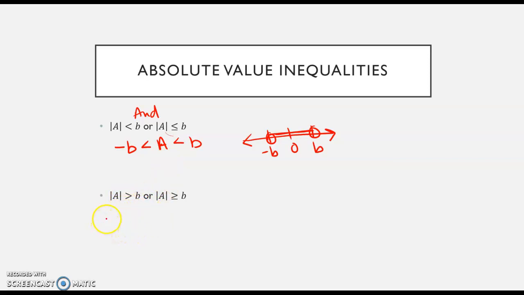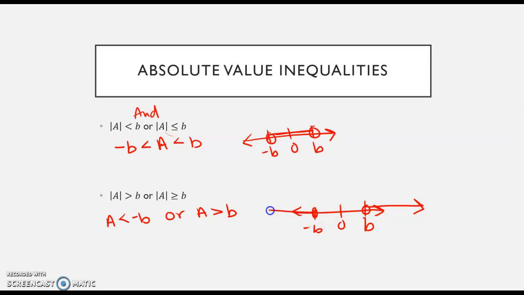A is less than negative B, because this becomes a negative B, we flip our symbol, or A is greater than positive B. And our graph, we have negative B, 0, and B. Our graph will be two circles going away from each other.